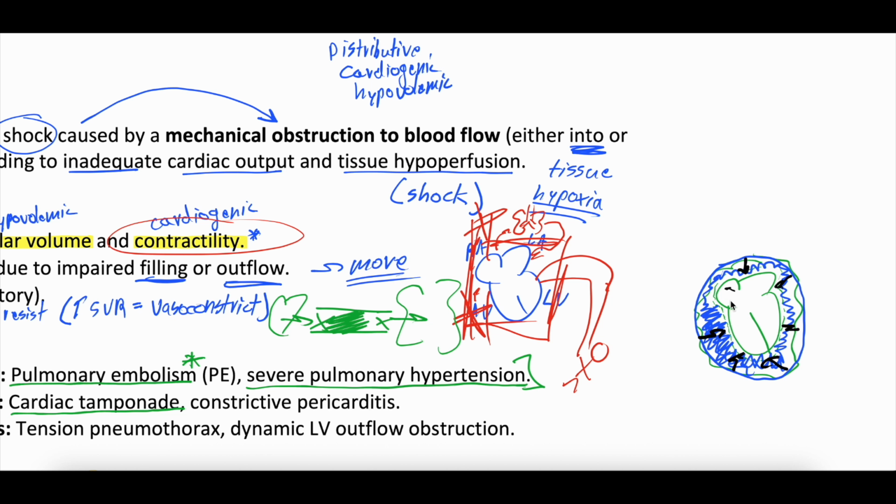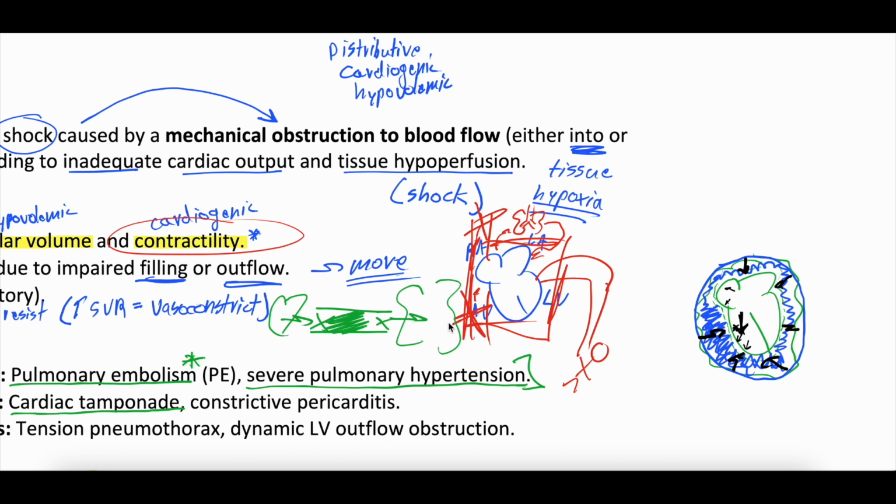Think about systole, the heart contracts, diastole, the heart fills, and usually these walls expand outwards. But in cardiac tamponade, they cannot expand outwards. So there's decreased venous filling of the heart because the heart muscle cannot expand outwards in diastole. And that causes obstructive shock, right? Impaired filling, obstruction of that filling from cardiac tamponade.